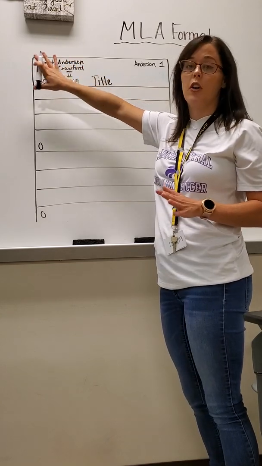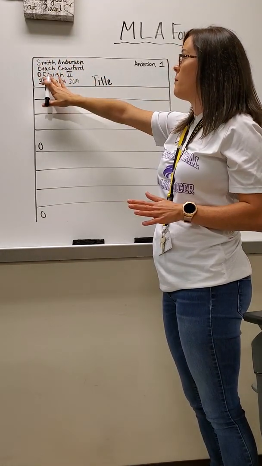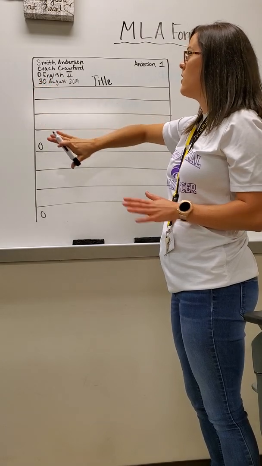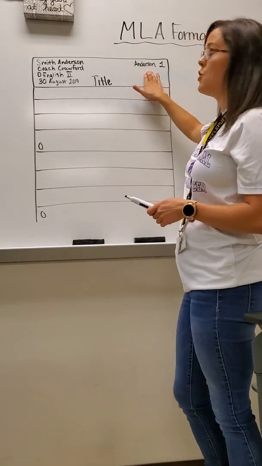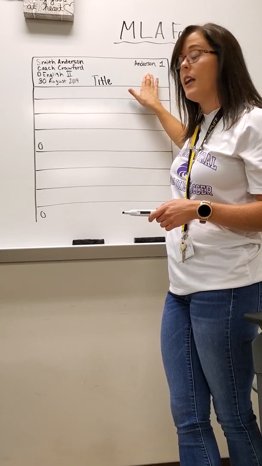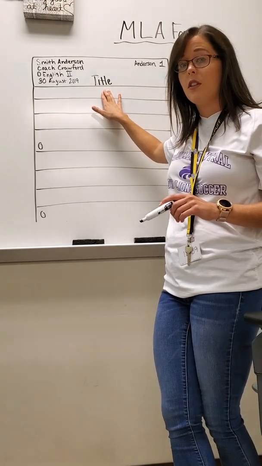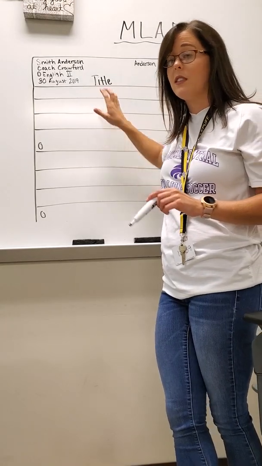So first, we have our name, professor's name, class, and the date on the top left. Second, you have page numbers with your last name on the right-hand side. Third, you have your title. Fourth, you must double space.